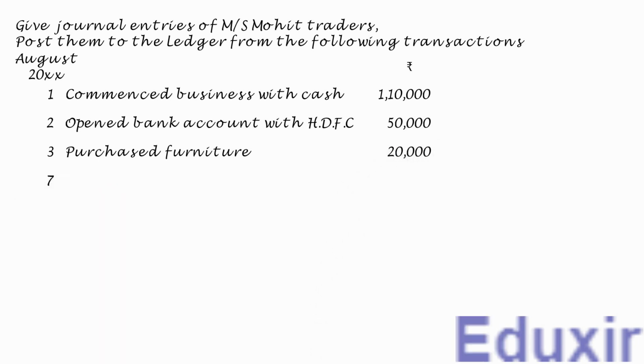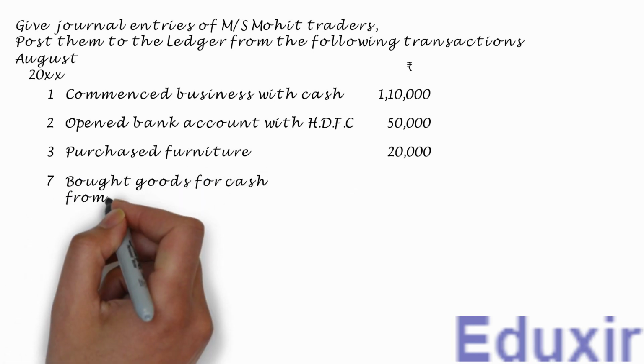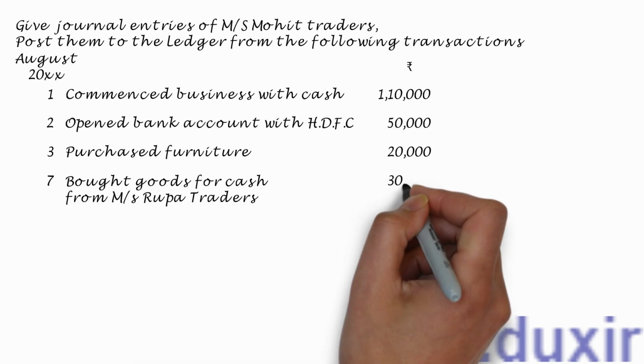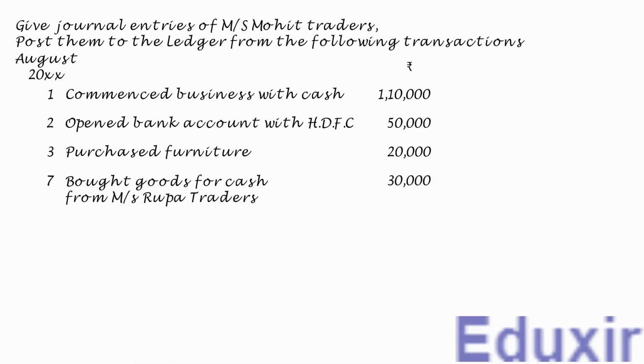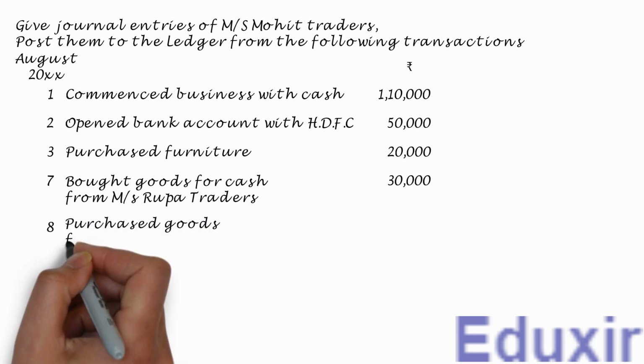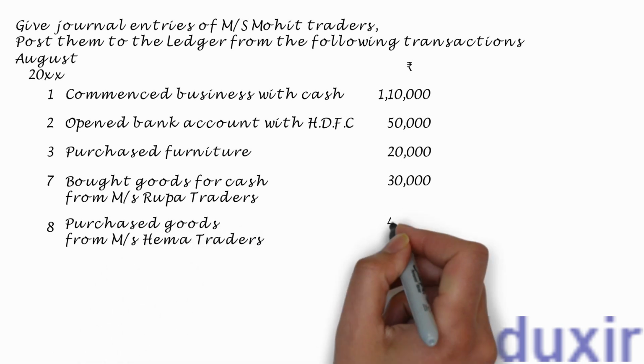On 7th August, bought goods for cash from Messrs. Rupa Traders 30,000 rupees. On 8th August, purchased goods from Messrs. Hema Traders 42,000 rupees.